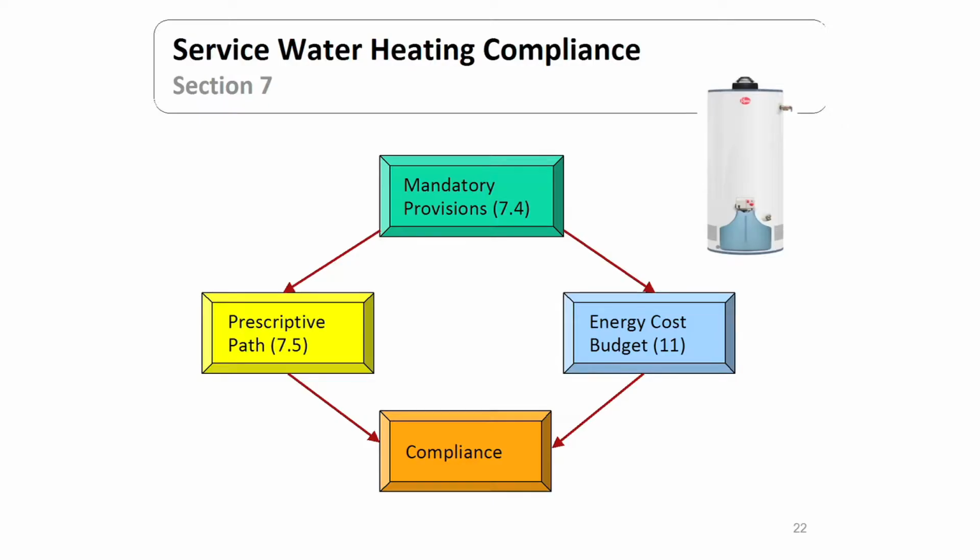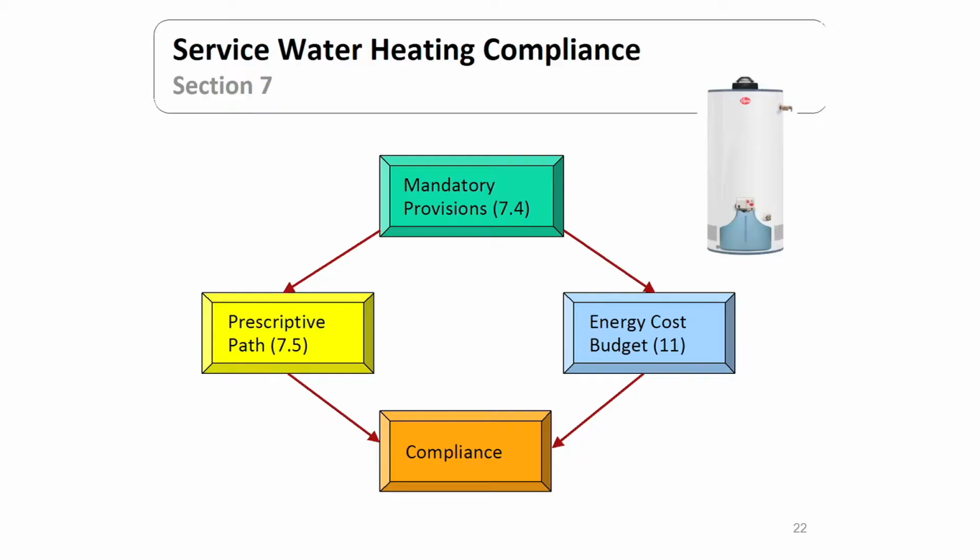Now we will look into Sections 7, 8, and 10. These are the service water heating, first of all, the power limitations, and then 10 will be on other equipment, and that's mainly motors. On the service water heating compliance, we have this familiar diagram to look at again, going from mandatory provisions down through prescriptive requirements and then on to compliance, or taking the alternative route of going through the energy cost budget.